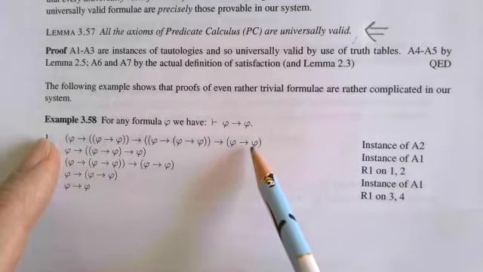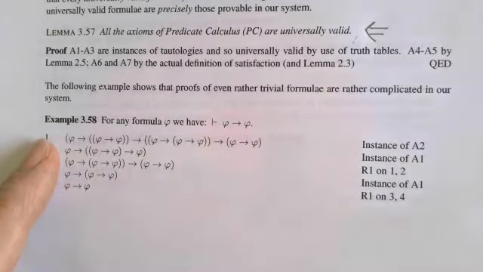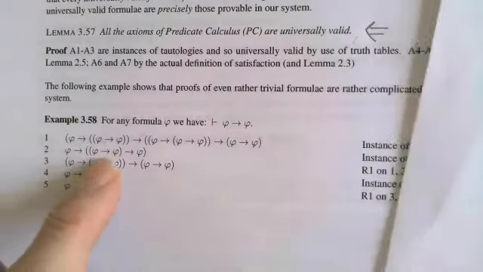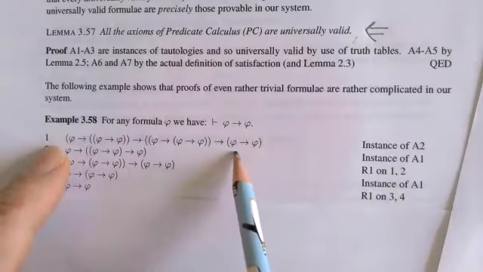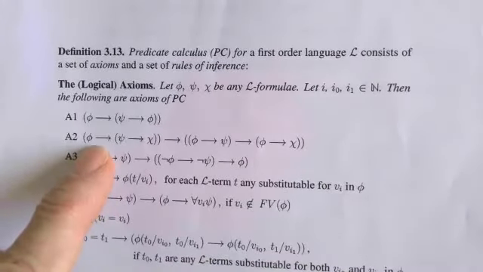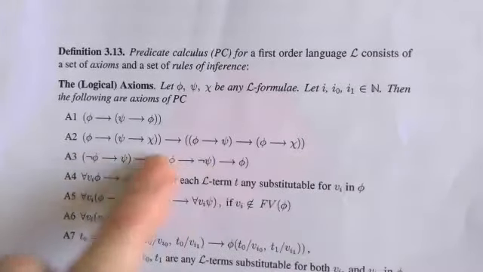Axiom instances. So what I've got here is an instance of axiom A2 at the very beginning. Again, to go back to A2, here it is. Actually, it's an instance of A2 where I put phi for both psi and chi all the way through.